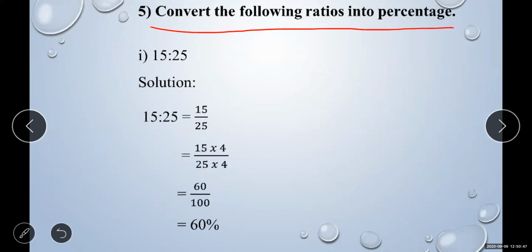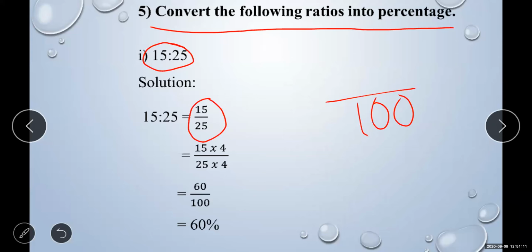Previously, in the second question, they gave the percentage and told us to reduce it. Now the reduced form is given and we have to convert it into percentage. Percentage means the denominator should be 100. Now we have 15 upon 25. How will 25 convert to 100?